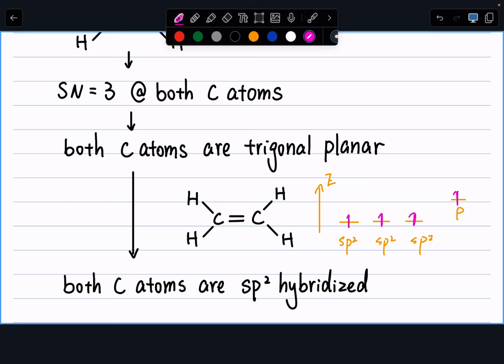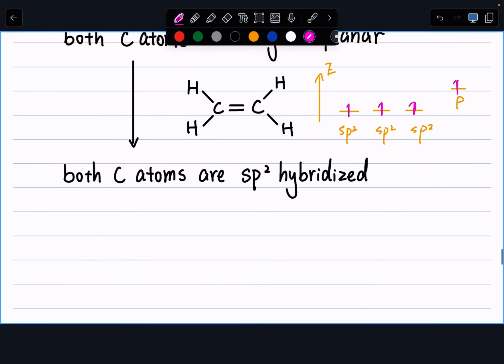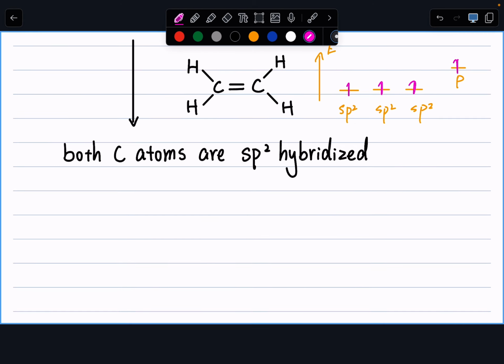So what does that bonding look like? Let's take the plane of my paper, and draw the carbon. Remember we have the trigonal planar geometry, so let's do the sp2 orbitals of my carbon center.